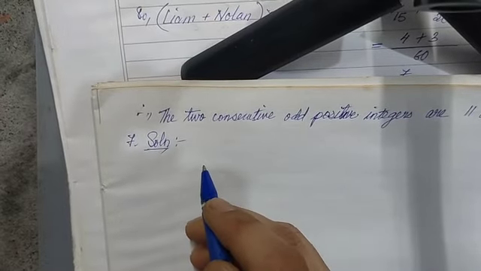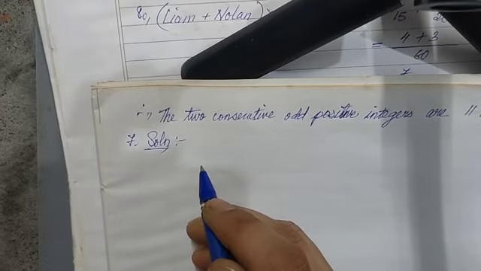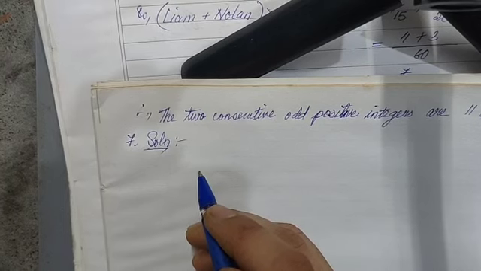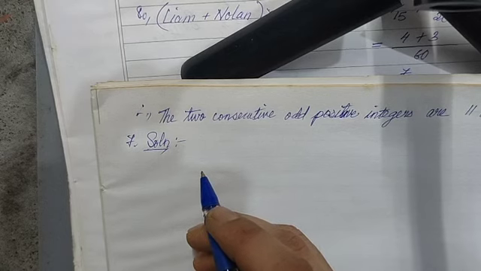Question 2. The sum of a number and its reciprocal is 10 by 3.